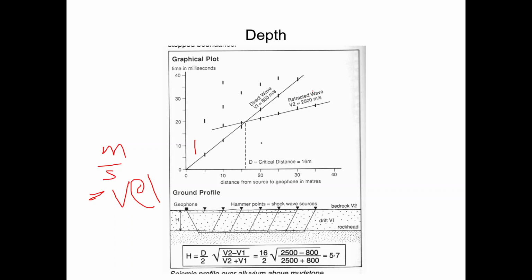And this is the second layer. They calculate about 250 and 800 meters per second, and 2050 meters per second. So the second layer is faster than the first layer.